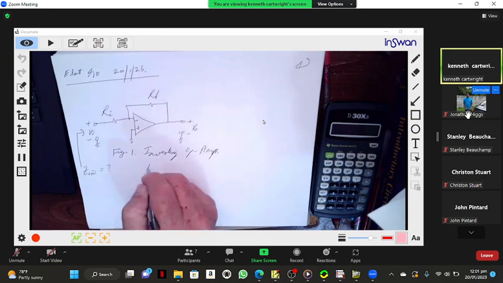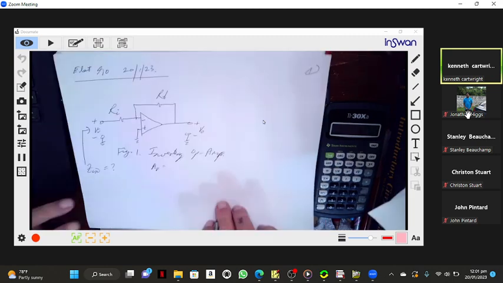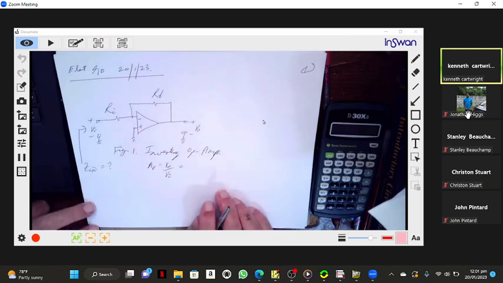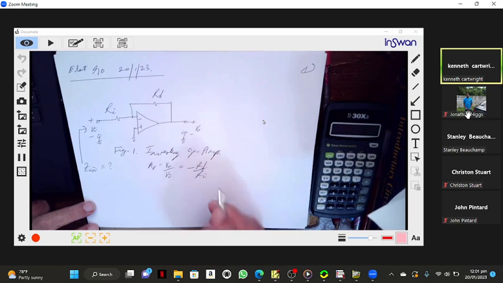The voltage gain. What is the... Go ahead. Negative RF over RI. Yes, thank you.